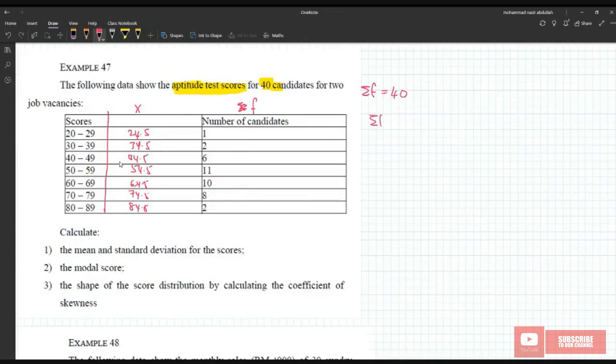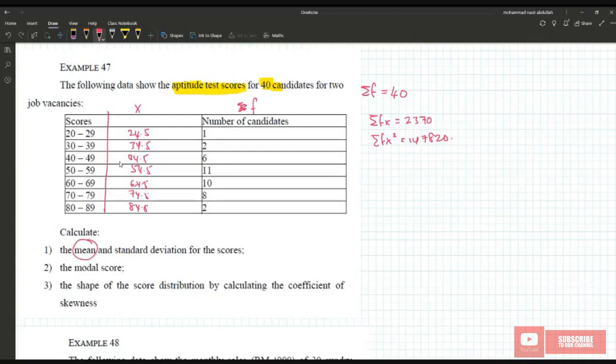Right? So the summation of fx should be equal to 2370. Summation of fx square is equal to 147820. Right.